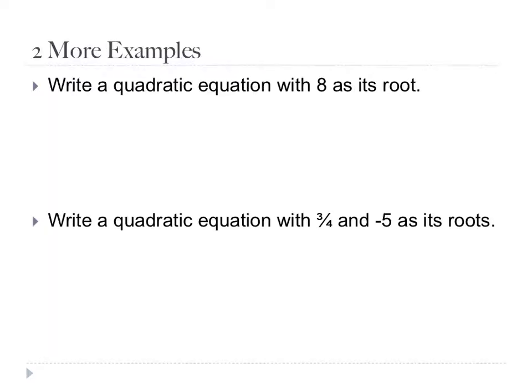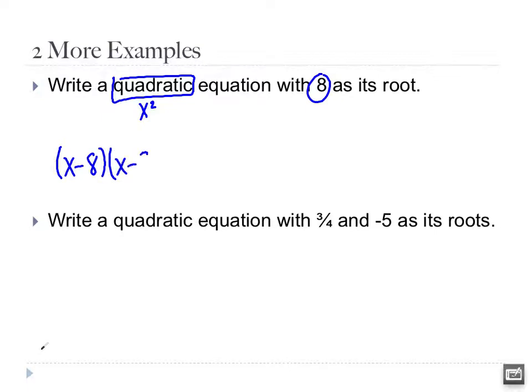Moving on, here are 2 more examples for us. First one, quadratic equation with 8 as its root. Quadratic already tells you x², so you should have 2 roots. But we were only given 1 root. That means 8 is a double root. So you're going to have (x - 8)(x - 8) = 0.